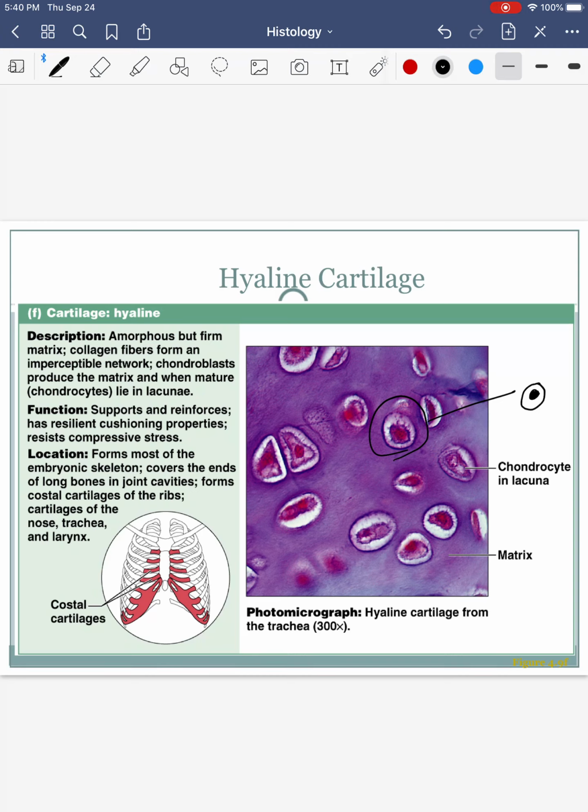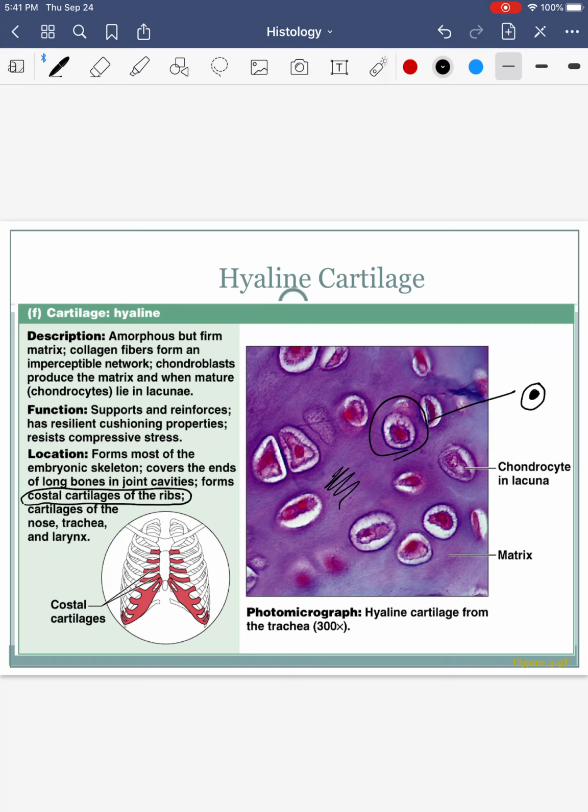Now, once you identify they have eyeball cells and you know they're cartilage, now we're going to think about, well, what type of cartilage? Hyaline cartilage has a smooth background. So you can see the background here is smooth. So if I see eyeball cells and a smooth background, I'm going to think of hyaline cartilage. We have this a lot of places, so you can just pick one. The nose, the outer covering of the trachea, the costal cartilage of the ribs, covers the end of long bones.